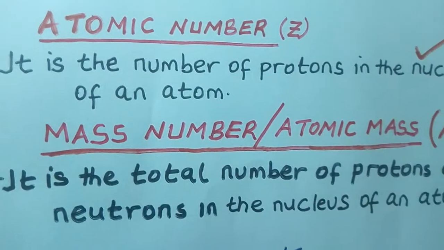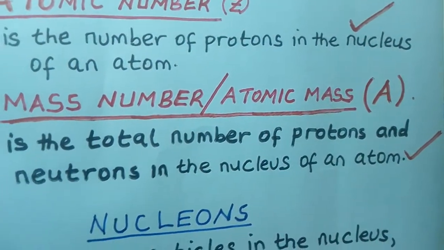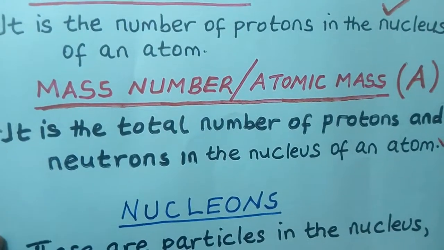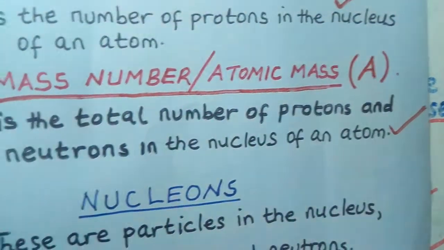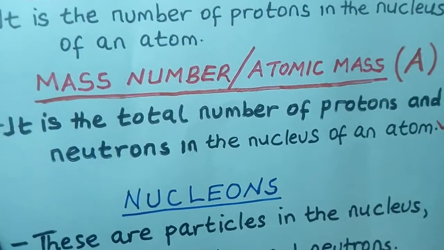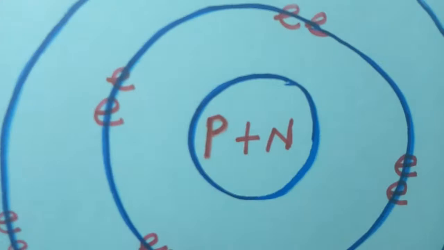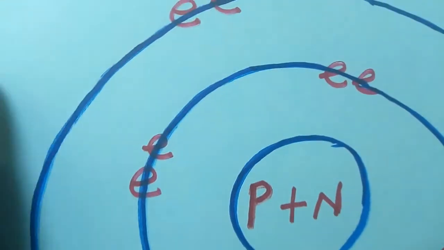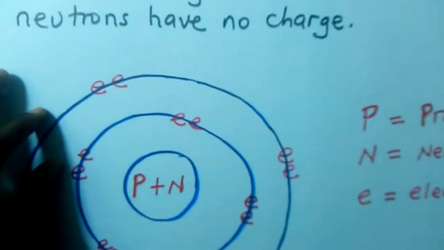So while atomic number deals with the protons alone, the number of protons in the nucleus of an atom, the mass number deals with the total number of protons and neutrons in the nucleus of an atom, as you can see in the diagram. Protons alone, that is atomic number. Then protons and neutrons is the mass number. That one is the mass number.